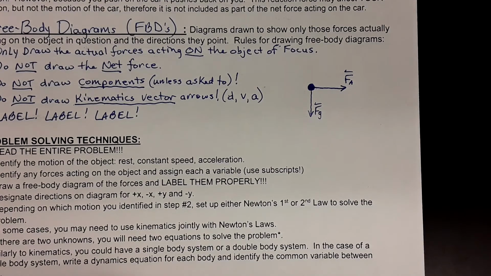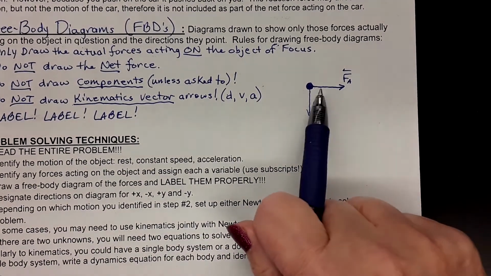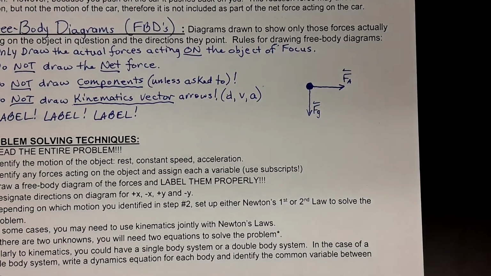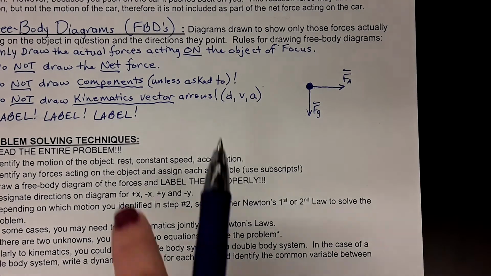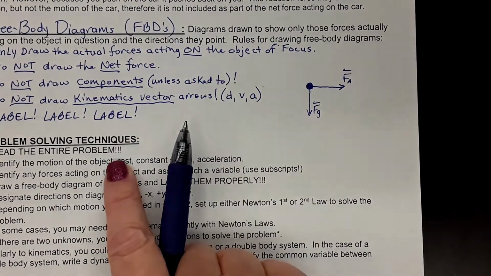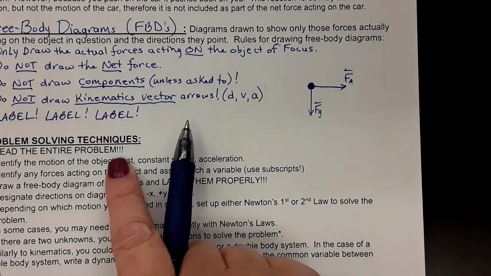They are not counting them if they don't touch the object. Strange, I know, but that's what they want, so that's what we practice and make a habit of. We draw the arrows coming from the object and make sure it's attached to the object's dot. Okay, so now these are the rules that we're going to use to draw free body diagrams.